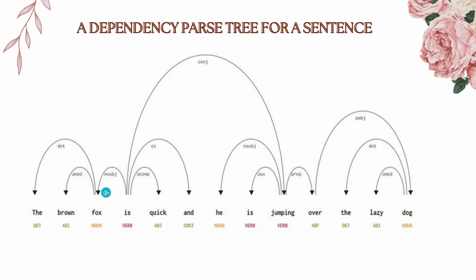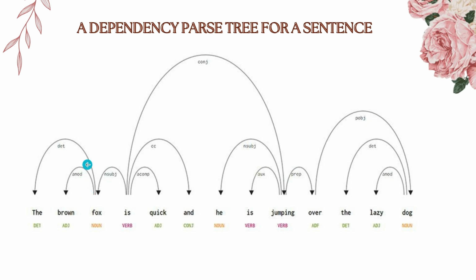The first dependency tag is DET. It denotes the determiner relationship between the nominal head and the determiner. Usually the word with POS tag DET will also have the DET dependency tag relation. For example, fox to the, and dog to the.